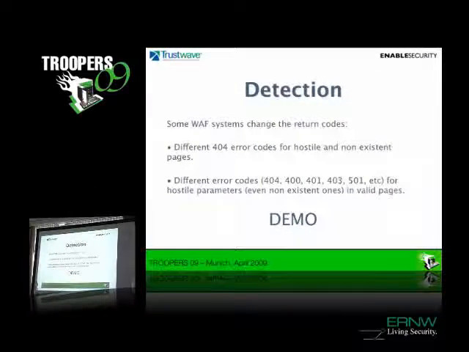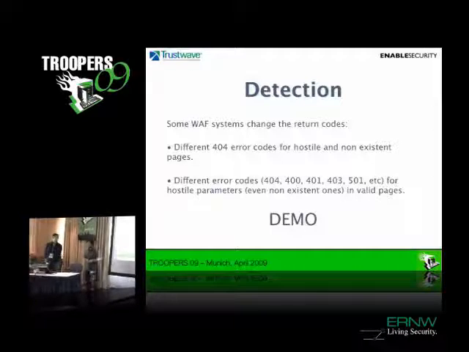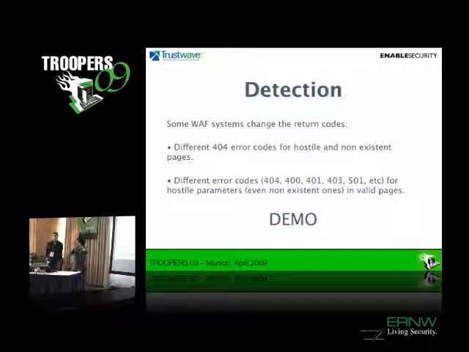Apart from that, you have the more active ways of detecting web application firewalls. Some web application firewalls, when they detect that there is an attack or a possible attack, will reply with a 404 or a different error code, where otherwise they would reply with a 200, which is a valid HTML page. So you would be accessing a PHP script, for example, which is known to exist on the web server, and passing certain parameters to that PHP.